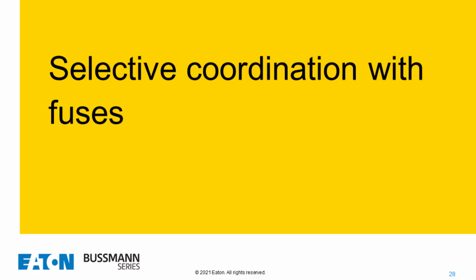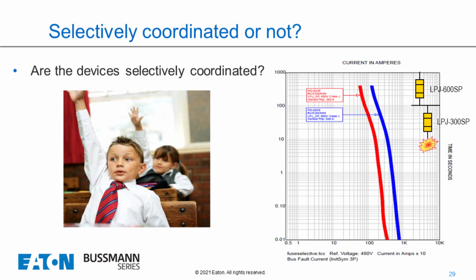Let's look at an all fuse system. What do we have to look at in an all fuse scenario? All right, so again, we have the time current curves. And remember, the time current curves go to 0.01 seconds again. So in this case, we have a 300 amp Class J fuse, the Bussmann LPJ fuses, a 300 amp, and then we have a 600 amp LPJ fuse.